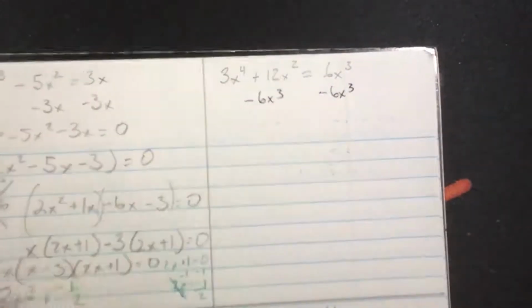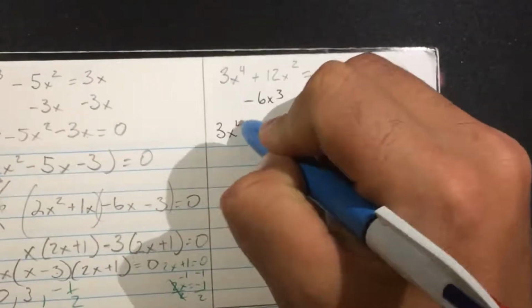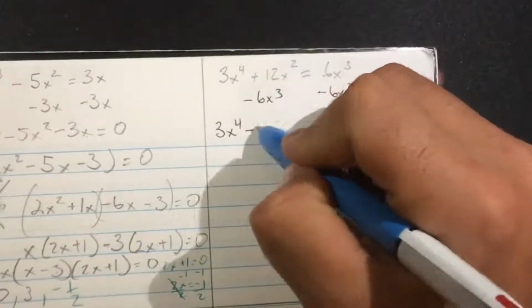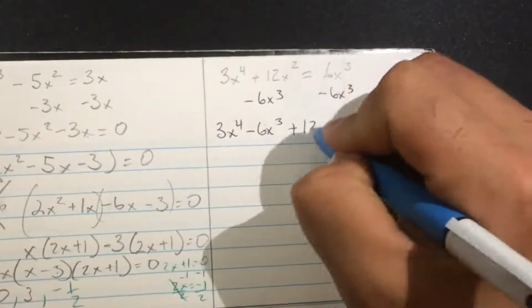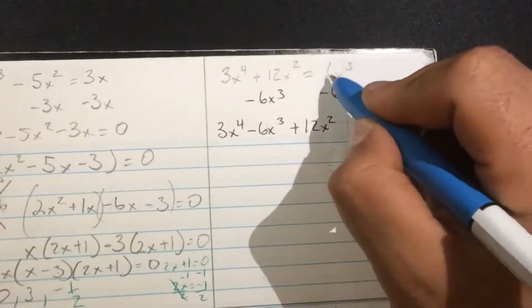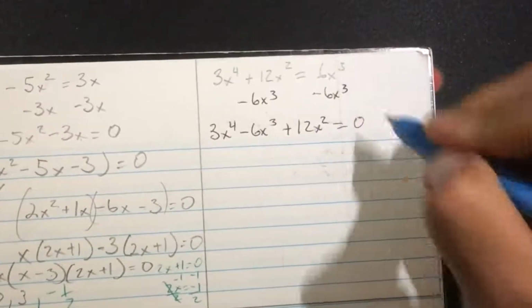When we write this in descending order according to the powers, we have 3x to the fourth minus 6x cubed plus 12x squared, and then 6x cubed minus 6x cubed subtracts to 0.